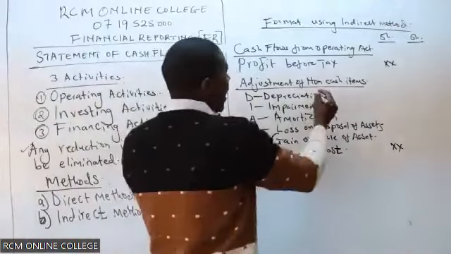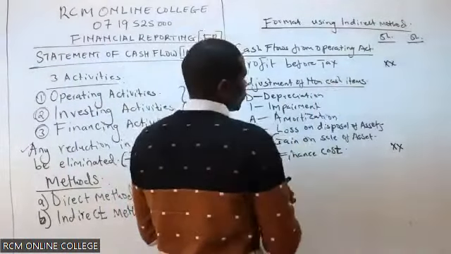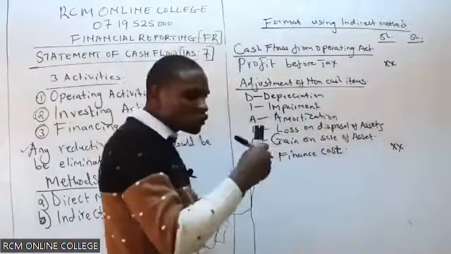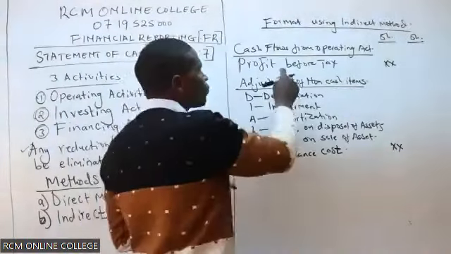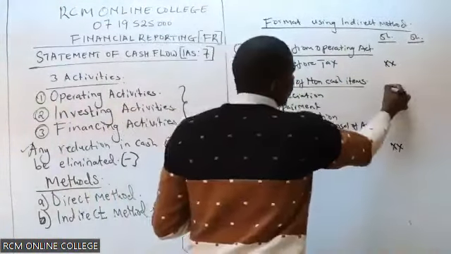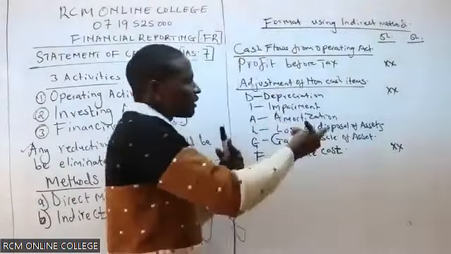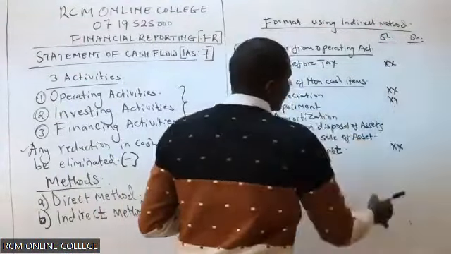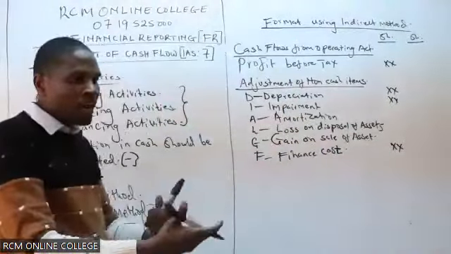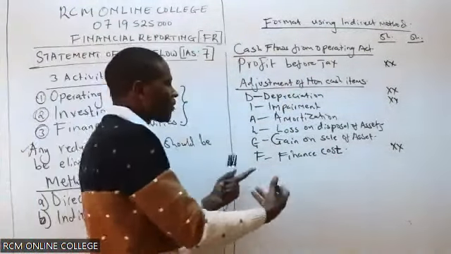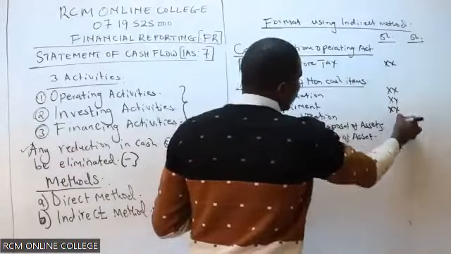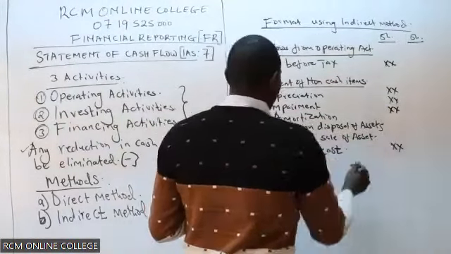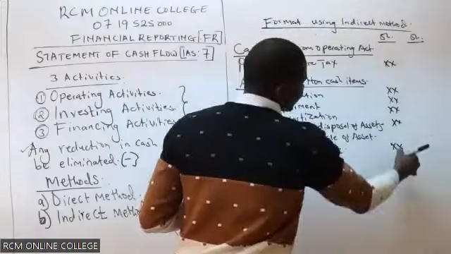The same case applies to depreciation. Depreciation is also subtracted for us to arrive at the profit before tax. Therefore, that one we still add back. Impairment is a reduction of value of a non-cash item. Reduction of value, therefore we also add. A loss is subtracted, so we add it back.